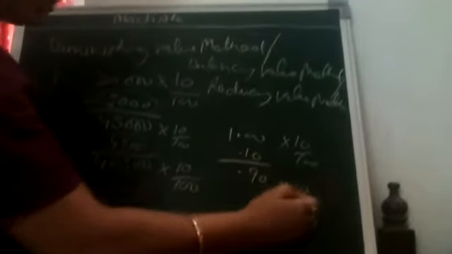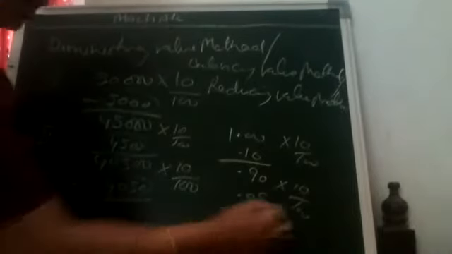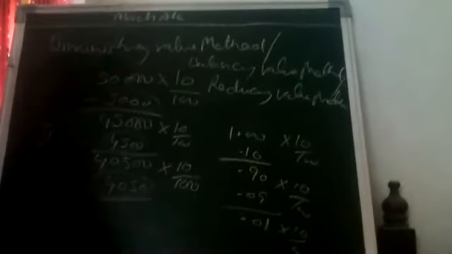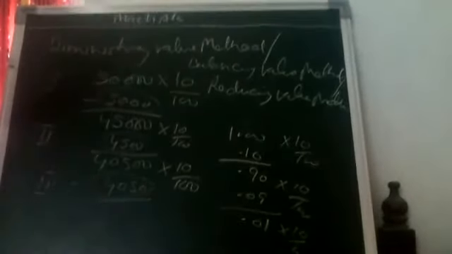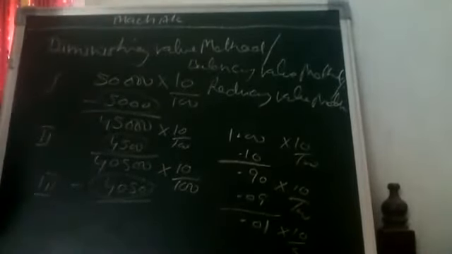Again we will calculate on it, and again we can calculate on it. So it will never become zero. The value of the asset will never become zero. That is the diminishing value method.